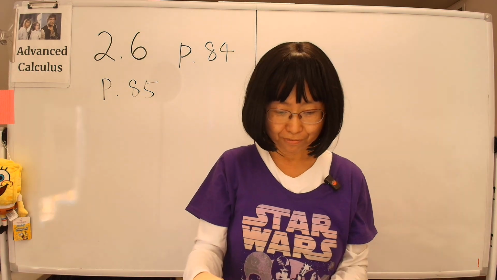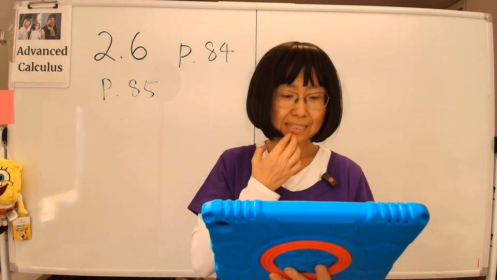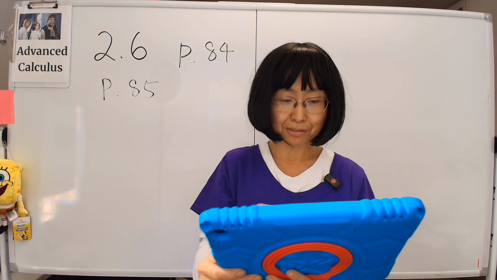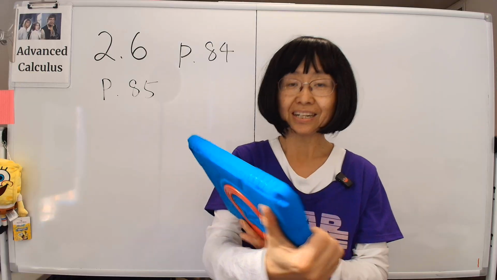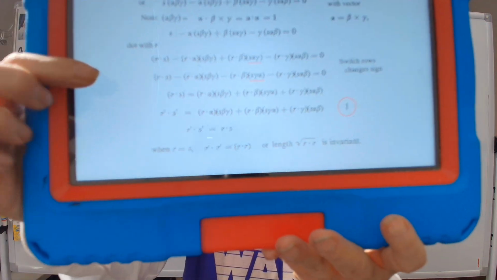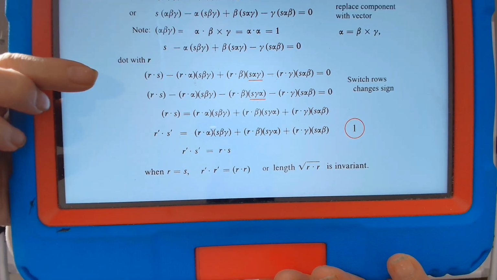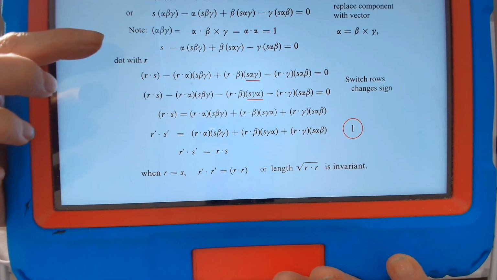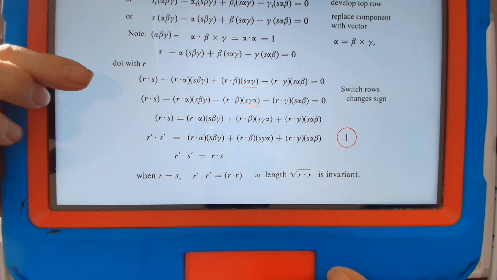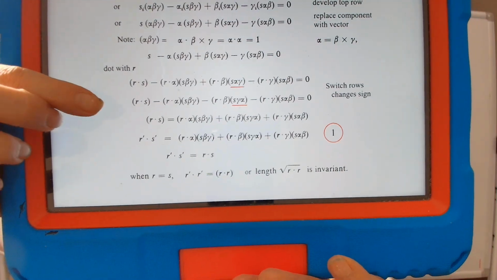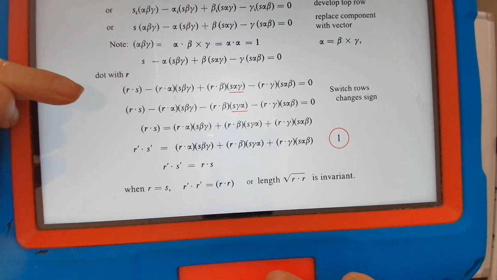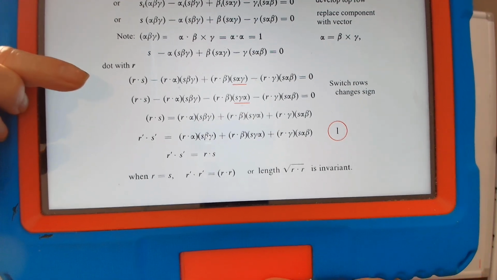Okay, so far so good. Now the next thing we need to do is we're going to dot with R. That is, we'll take the dot product. The entire equation will get the dot product treatment. So we'll take R dot every single thing here, okay? And then of course we get this. And the thing that I underlined in red, we're going to switch the two things.